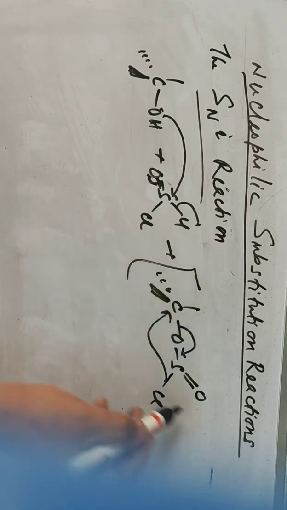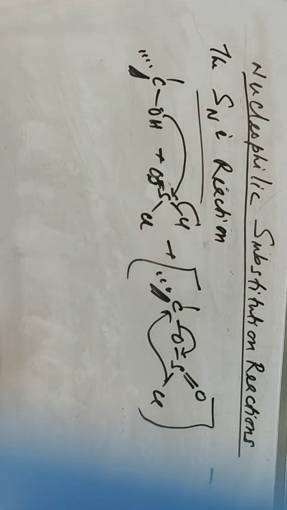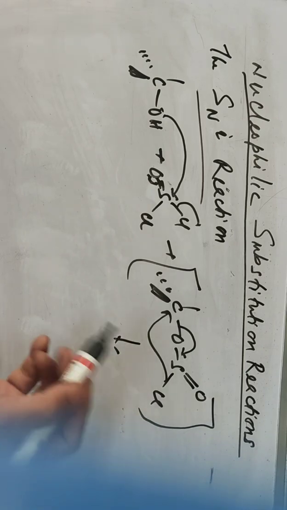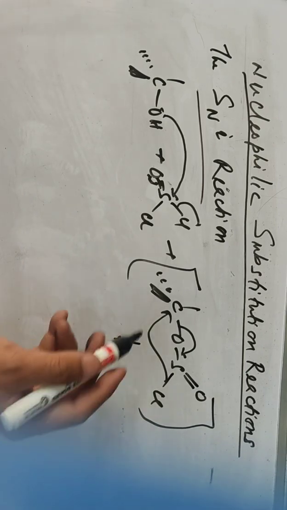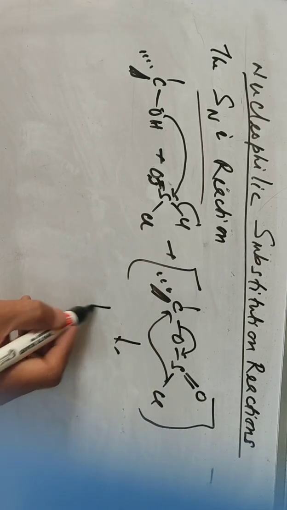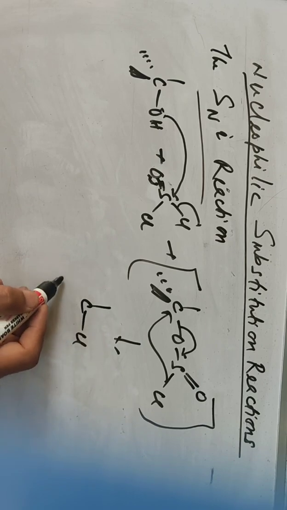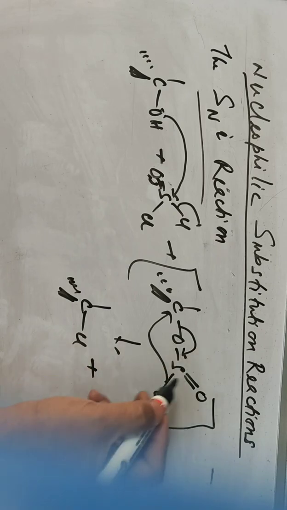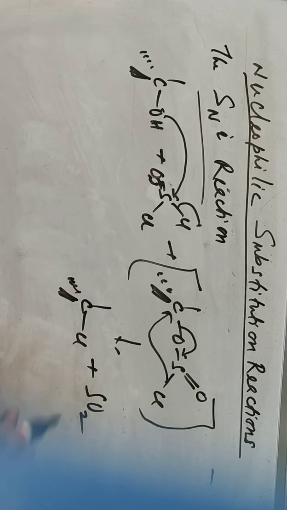This is the intermediate we have discussed earlier, the alkyl chlorosulfite intermediate. It undergoes the concerted mechanism, so you can give Cl here, and then we have this one plus sulfur dioxide. So this is another mechanism, the concerted way.